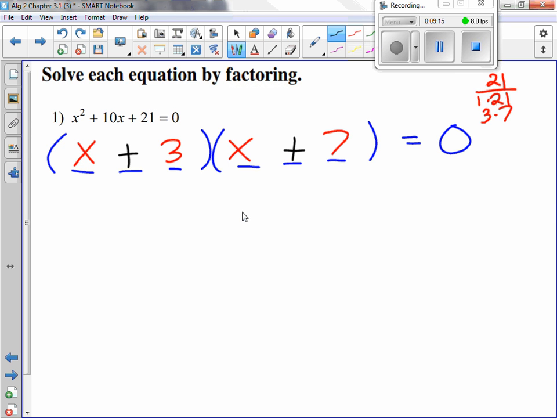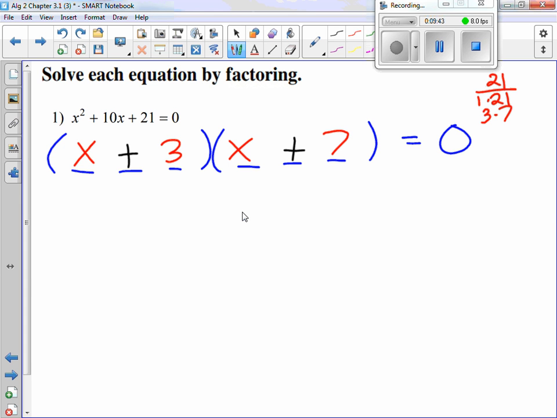Now, when you check this here, because at this point, when we were doing them the last 2 days, we wrote the check right underneath it. Don't write it underneath it. Because if this works, what did we do next on the last two? We solved right below it. Yes? So we don't want to put the check to making sure that we factored this correctly underneath it. Put it to the side. So I would write the check to the side, and I'm not going to draw the lines.